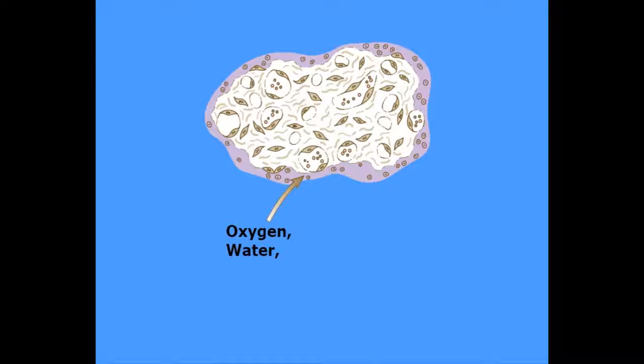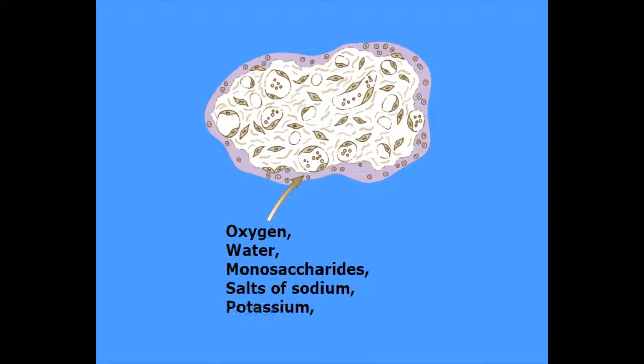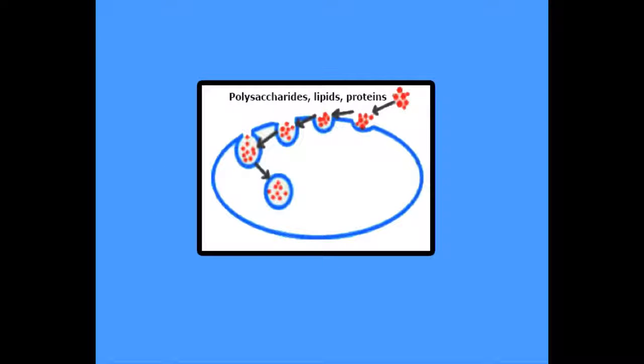Oxygen, water and small molecules such as monosaccharides, salts of sodium, potassium and magnesium diffuse from the maternal blood into the fetal blood through the placenta. Macromolecules of polysaccharides, lipids and proteins may be engulfed by trophoblast cells by pinocytosis.